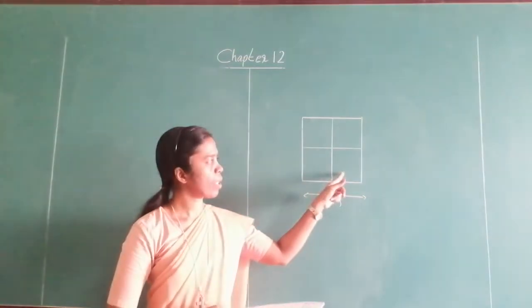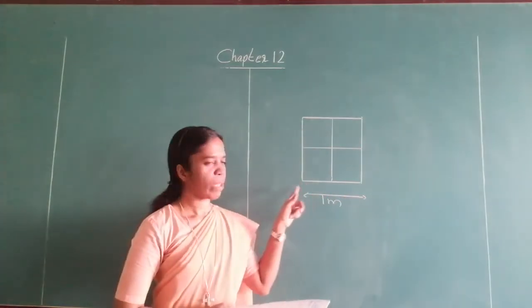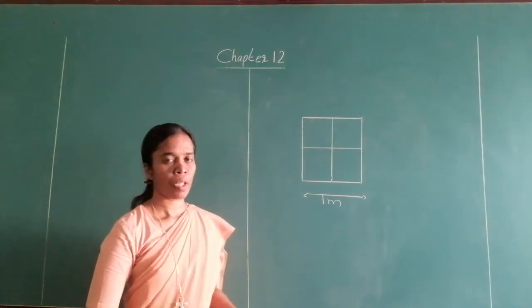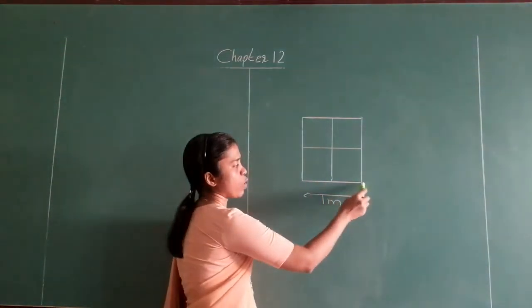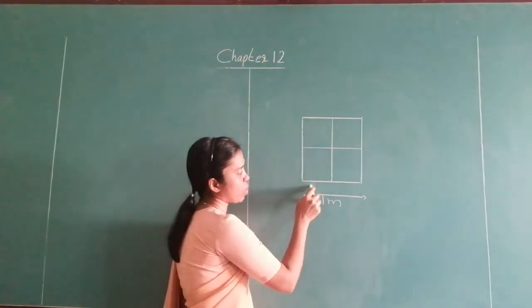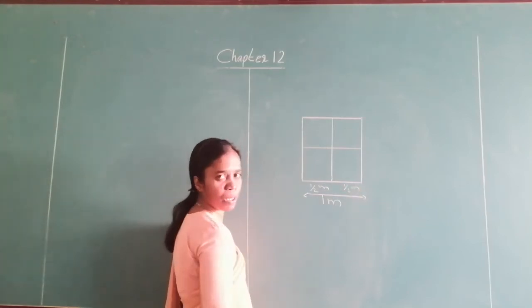Okay. Each one again is a square. So one main square we have, length of one side is 1 meter. So you can see that if this is 1 meter, how much will this be? Half of it. So this will be half meter. This also will be half meter.